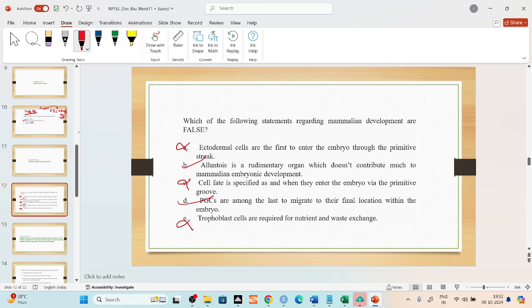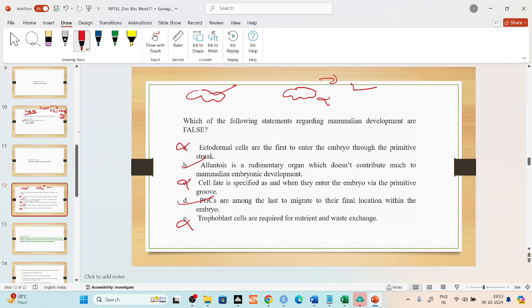For example, if we are writing a more generalized statement in one option, where other statements are completely different, the generalized statement can be a true one. In another question where we have a generalized statement and also a more specific statement, the more specific statement would become the correct one and the generalized one would become the wrong one. So the same statement can be right here and wrong there.